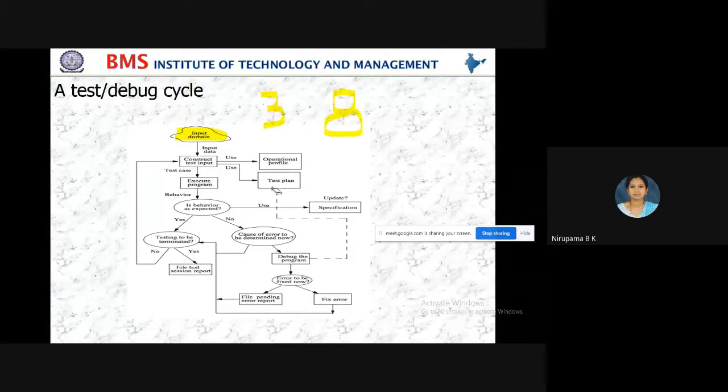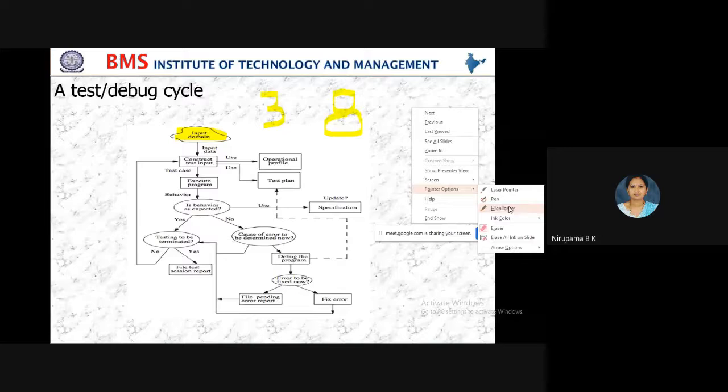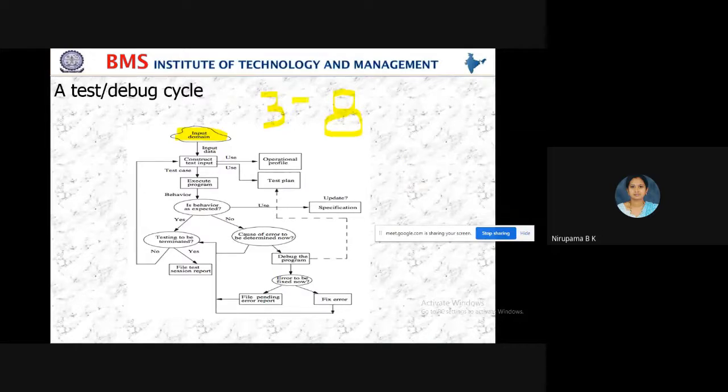See, this checking is nothing but a test plan only, no? This is also a test plan, because what is my test plan here? I want to check whether both the numbers are equal or not.